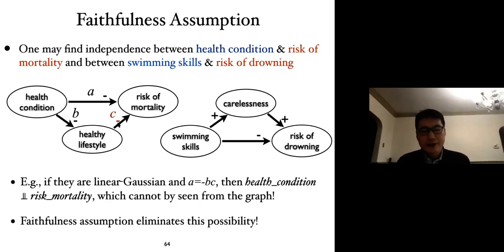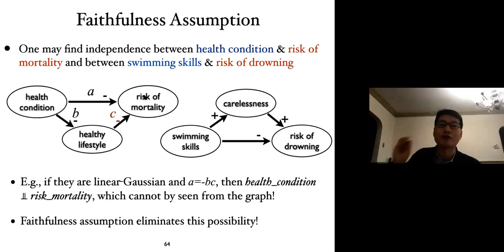But generally speaking, this condition should hold true if you have enough data. Why? Again, this is because of modularity. Consider this example, right? If this is really a good description of the underlying causal process, then we have a modularity condition, which says that this module to generate healthy lifestyle would be independent from the generating process from those two random variables to the risk of mortality, right?